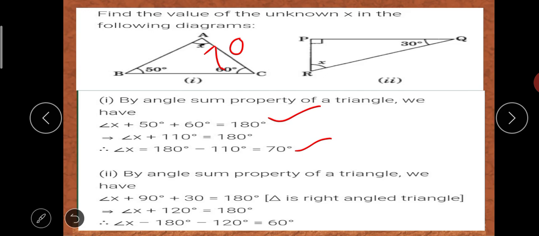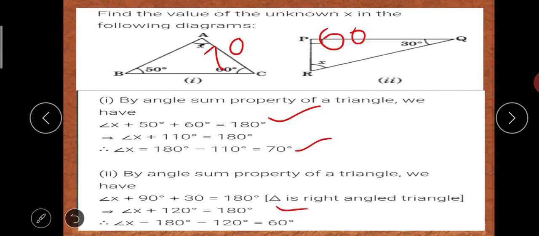So when we add, we get 120. Means x plus 120 equals 180. To find the value of x, we have to subtract 180 minus 120. So we get 60. So the third angle is 60 degree.